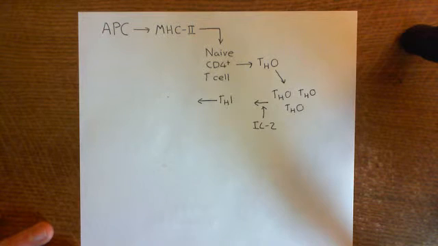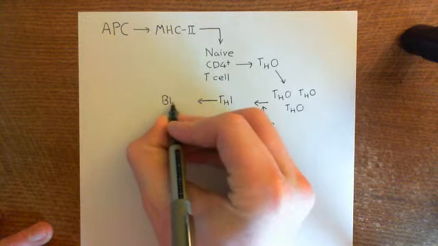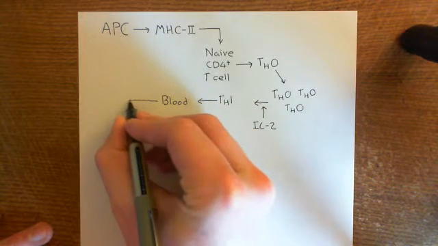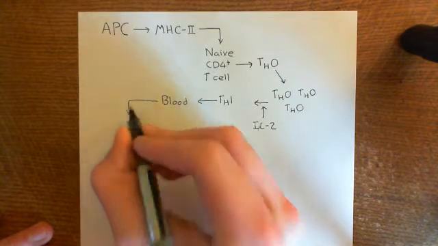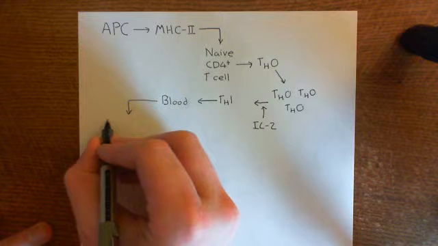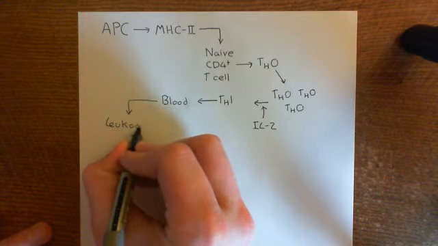Now what's going to happen is these T helper 1 cells are going to go into the blood, and they're going to get recruited basically from the blood into the actual area of inflammation. So they're going to pass the endothelium and they're going to go into the inflamed area. So they're going to be recruited.